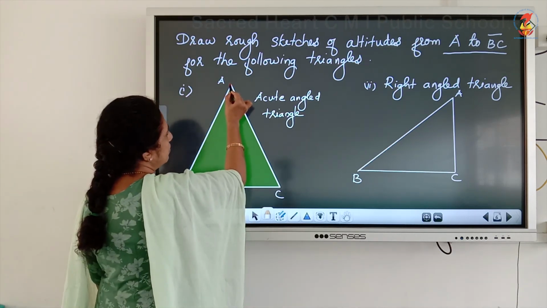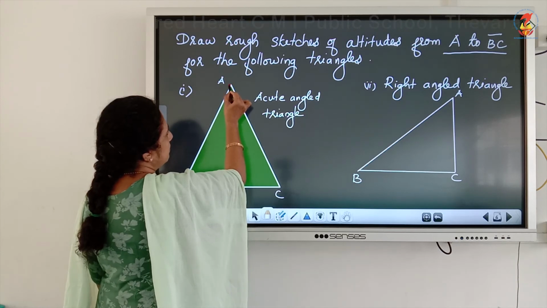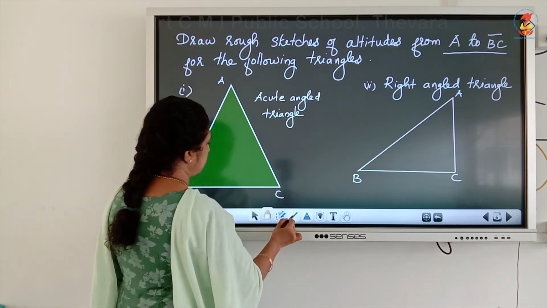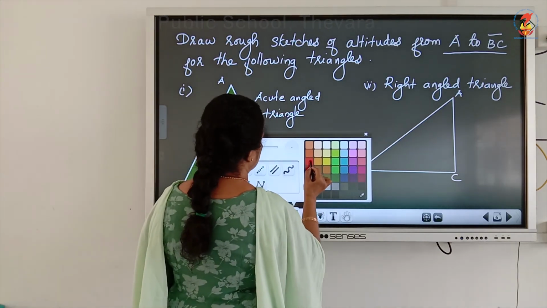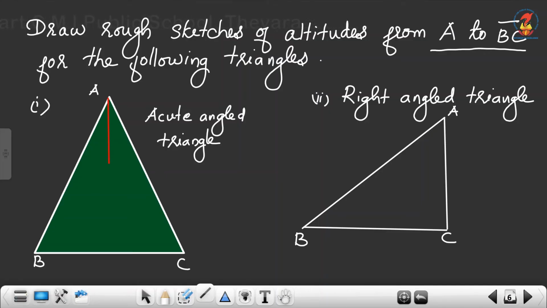So, here we have to draw the perpendicular line segment from the vertex A to the side BC. And we can name it D, and line segment AD represents the altitude.